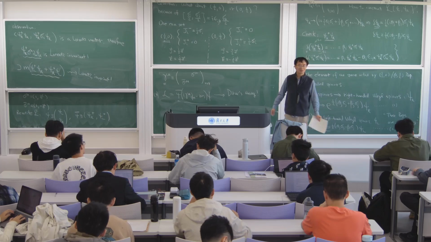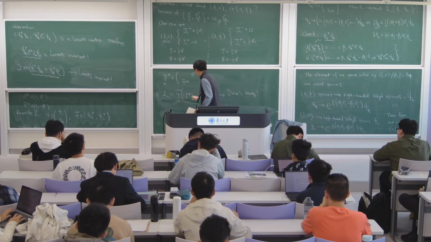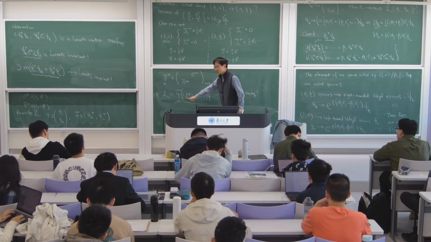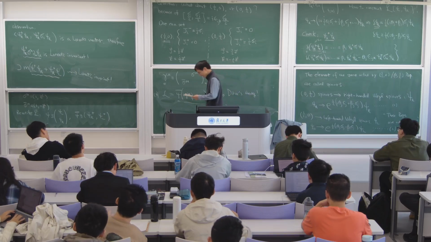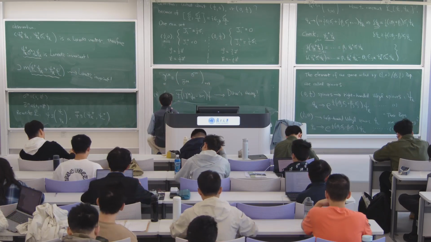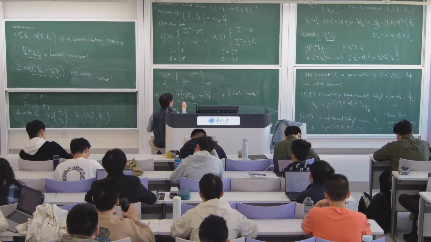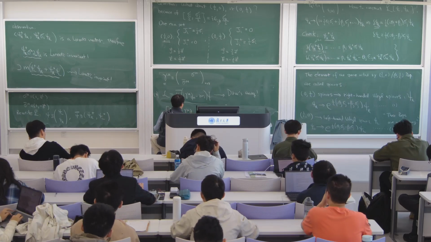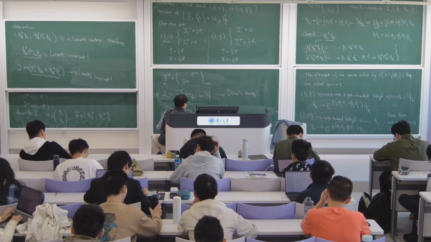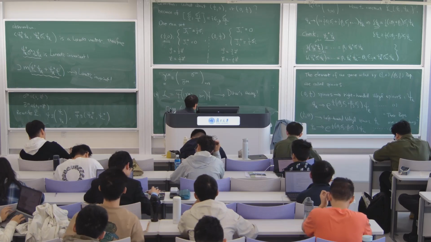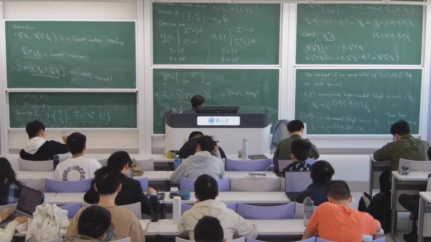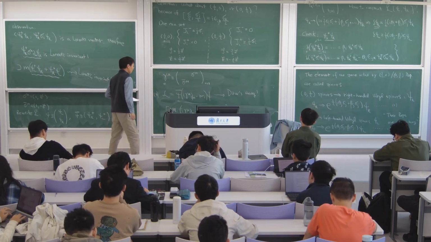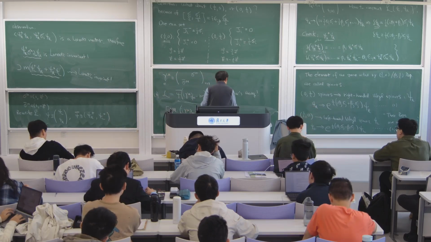If these are independent, I can do the variation with respect to psi bar, and I will get the equation of motion for psi. That equation of motion is very straightforward. It's nothing but this equals 0: (i gamma mu partial mu minus m) psi equals 0. This is called the Dirac equation.